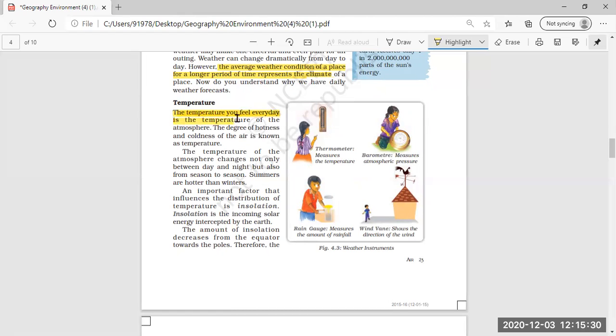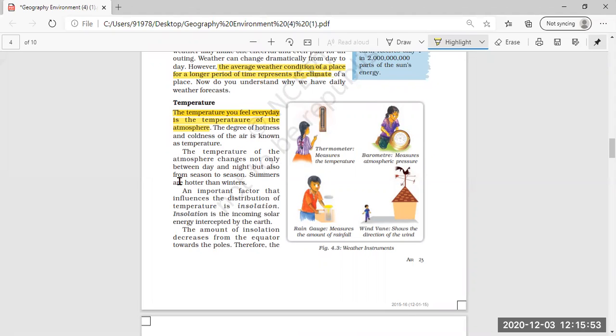Today you are feeling very hot, so the temperature in the atmosphere is the same. The degree of hotness and coldness of the air is known as temperature. That means how hot or how cold the air is.